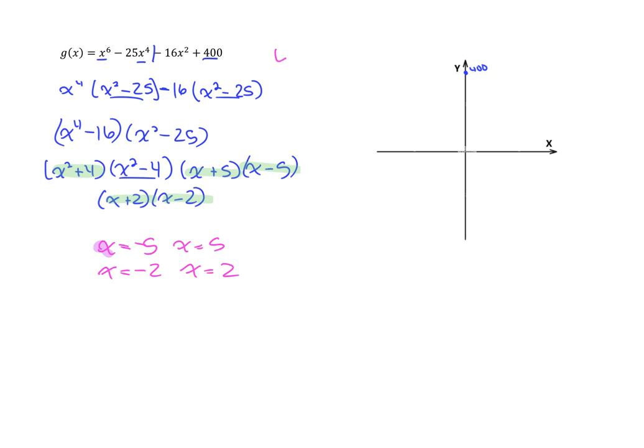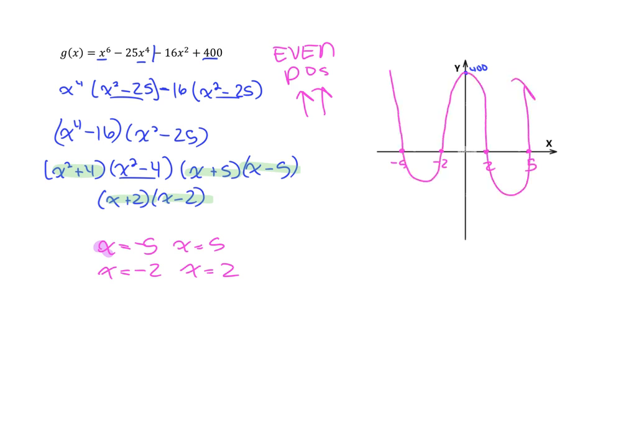This is an even positive, so both ends are going up. So I'm going to put on negative 5, negative 2, 2, and 5. These are all singles, so I'm going to cross. I'm going to start at the top, cross, cross, go up to that 400, cross, cross.